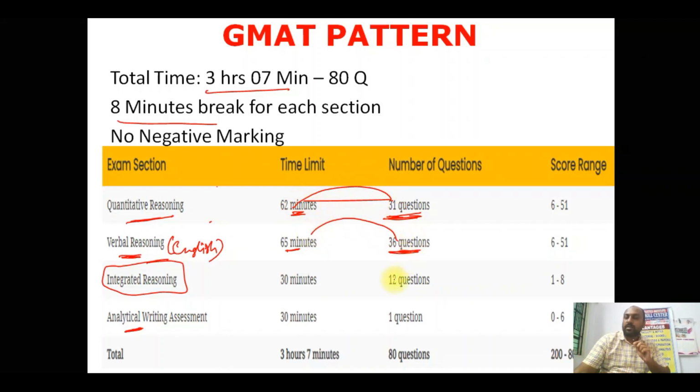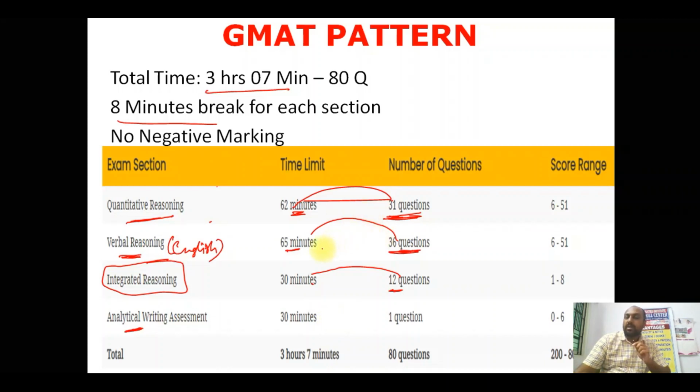But a few questions are a little bit complicated as it is a computer adaptive test, so you don't know which kind of complication the next question will be. And here 12 questions 30 minutes integral reasoning, only 12 questions you may get, but 30 minutes they will give, almost all will have double time, okay. When compared to the 1 minute you will get double time. So for one question you may get around 2 minutes and more than 2 minutes.